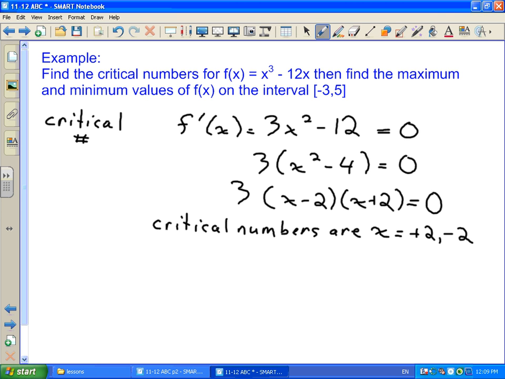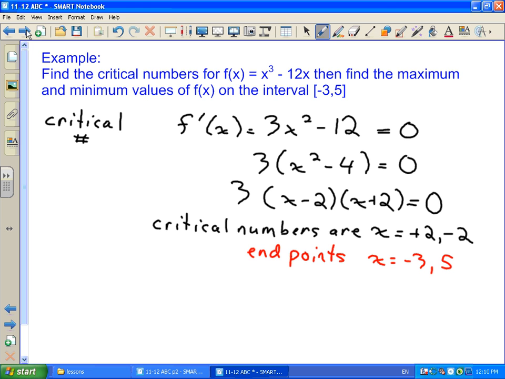That's the first part. Now, when I'm looking for maxima and minima, I should consider these two critical numbers, +2 and -2, and I should also take a look at my two endpoints. So let's just say we're also going to look at the endpoints x equals -3 and 5.